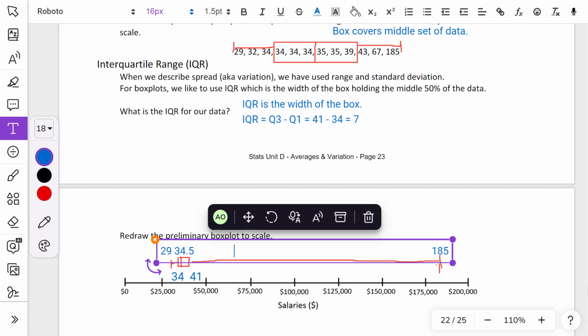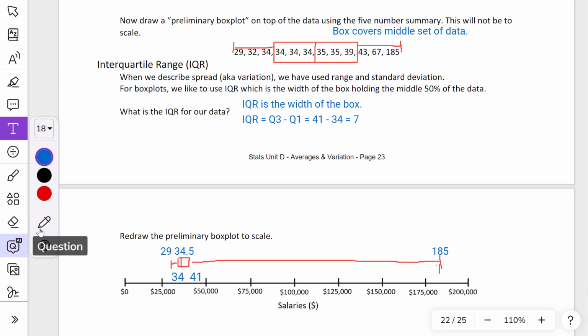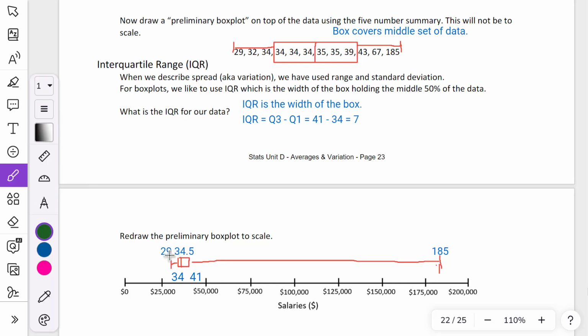Oh, that's about right. Okay, so let's draw little arrows because we got a lot going on in this little box. There's 29. 34 is right here. 34.5 is right there. And that's 41. Okay? So it's the same values it was here. It was 34, 34.5, 41. But because I didn't have them to scale, it wasn't so hard to arrange all this.